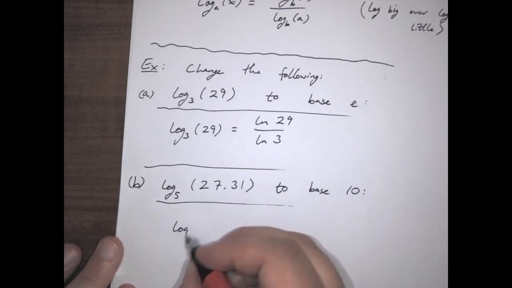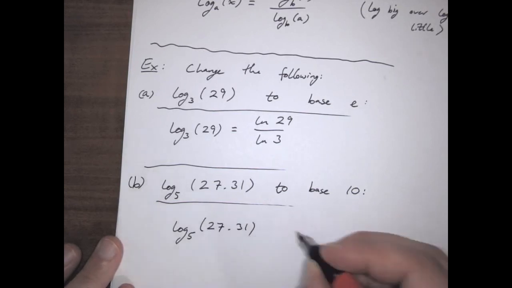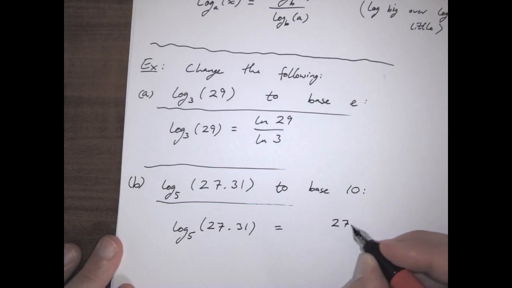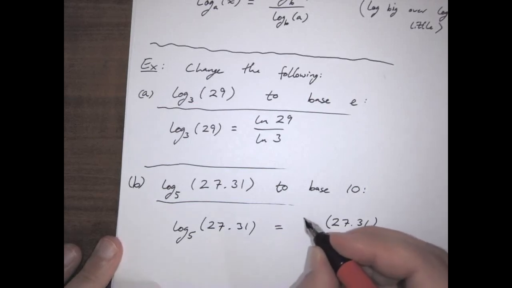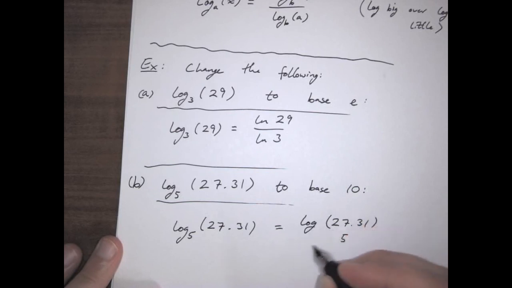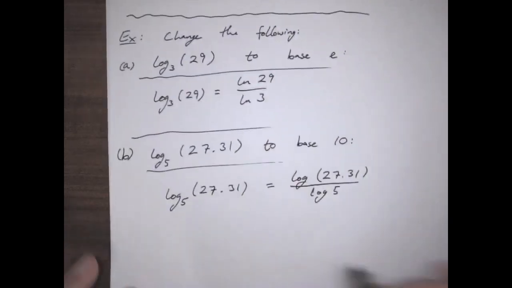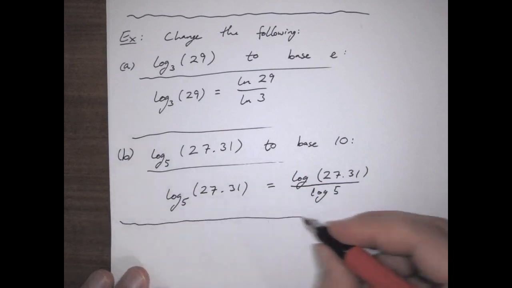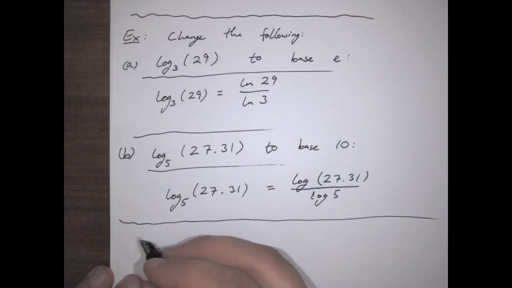Well, log base 5 of 27.31, we already know that it's going to be 27.31, and then 5 on the bottom, and it's just a question of which new base we want, and if we want a base of 10, that'll just be the common log. Log this over log that. And then this is how you can evaluate unusual logarithms on a calculator.